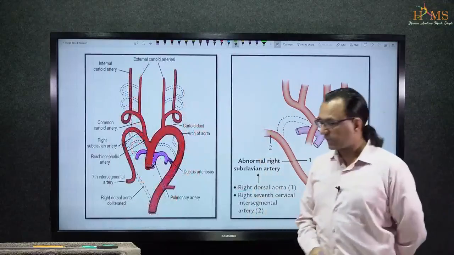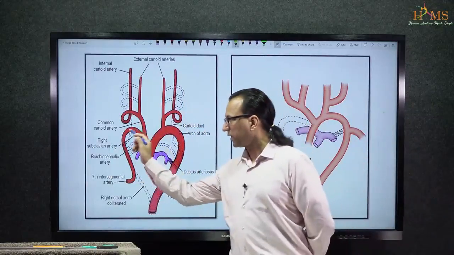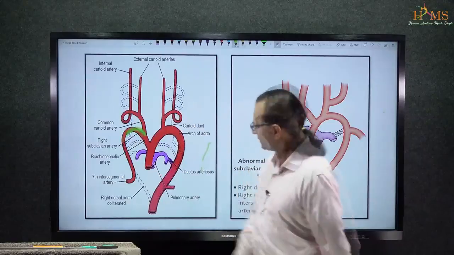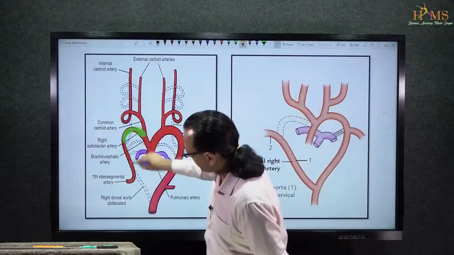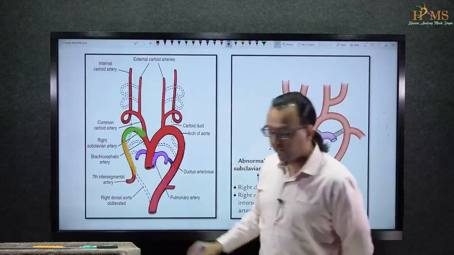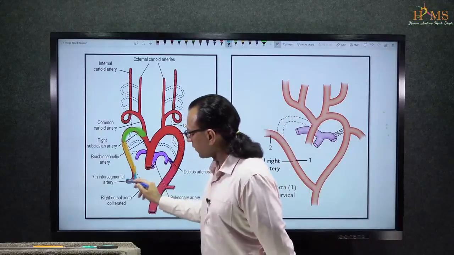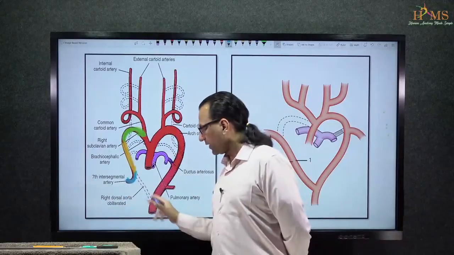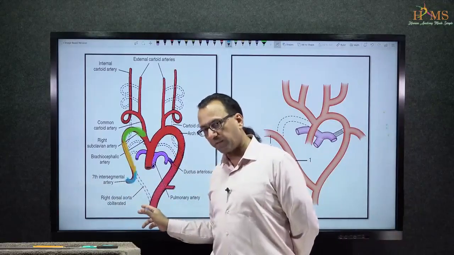So as we were suggesting, the right subclavian artery should be coming from the right-sided 4th arch artery and partly contributed by the right dorsal aorta proximally, and also partly contributed by intersegmental artery number 7 on the right side, whereas the distal dorsal aorta on the right side should be disappearing.